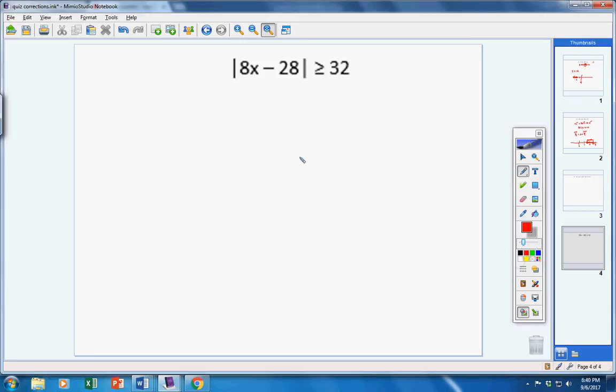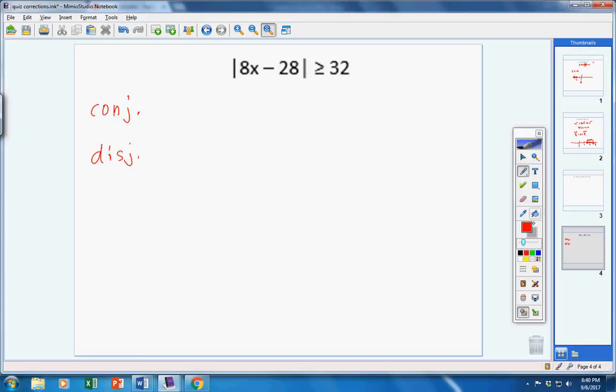Once you've done that, step two is to then write your equation as a, are you listening, conjunction, or write it as a disjunction. Haley, do not do this until you have first isolated the absolute value.